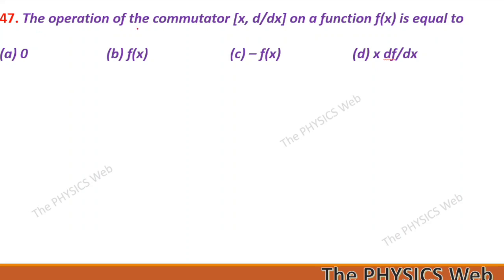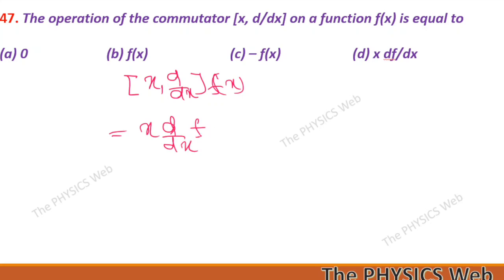Next, 47. The operation of the commutator x d by dx on a function f(x) is equal to. Okay, so you can check this. x d by dx f of x, minus d by dx x f.